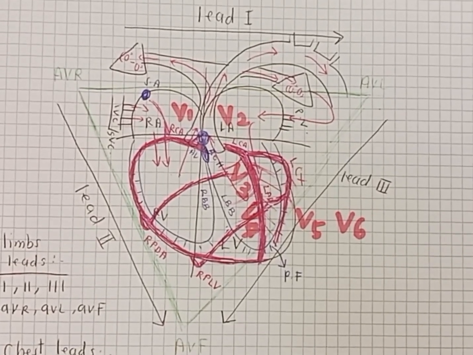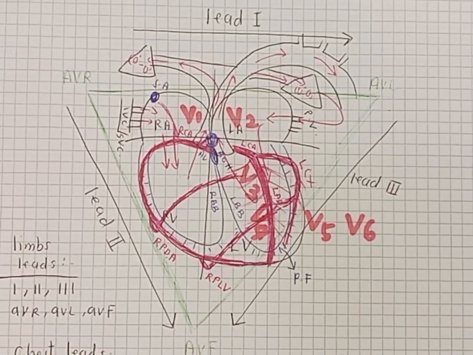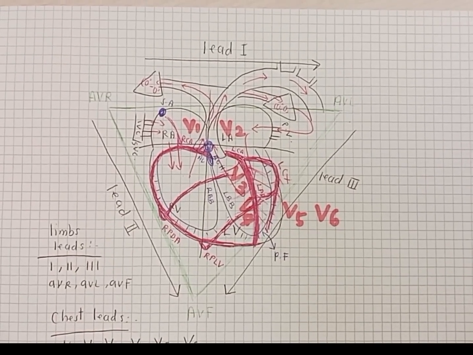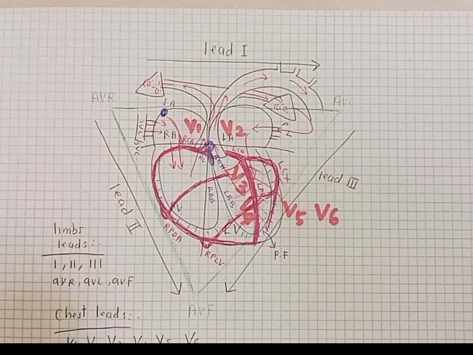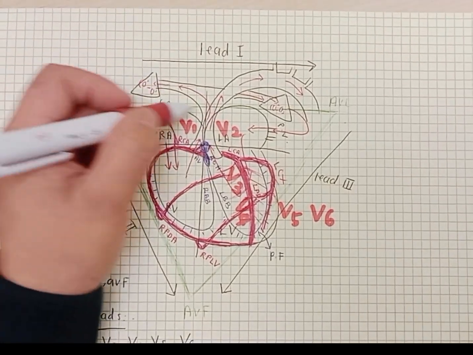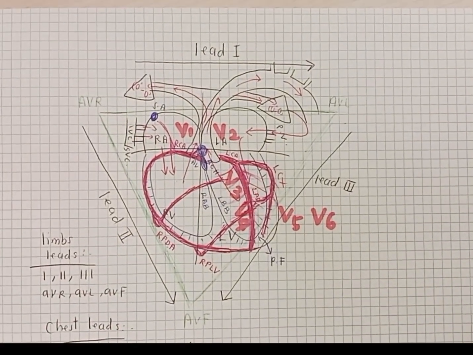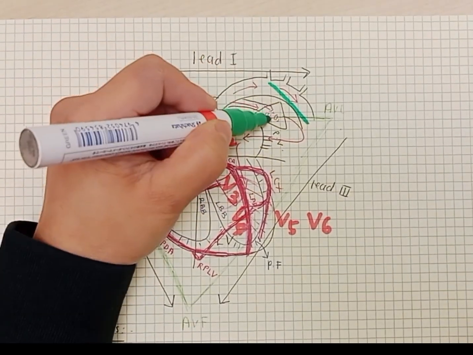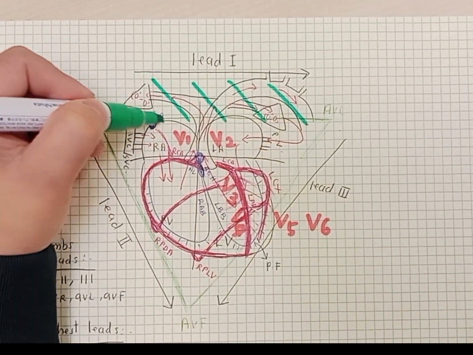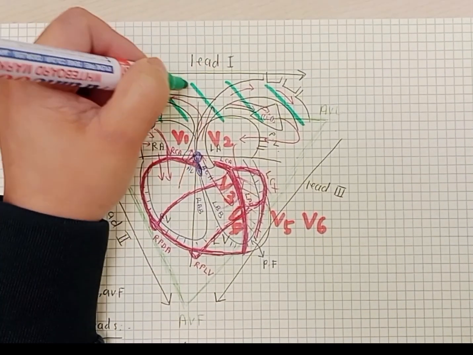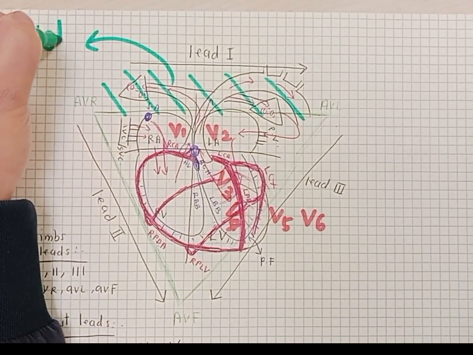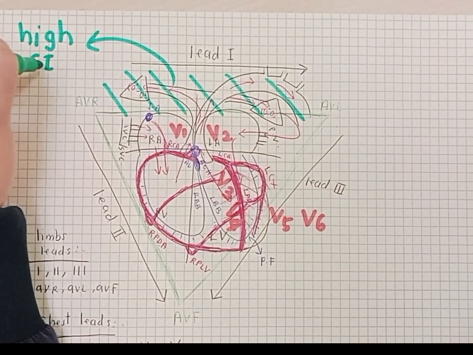So how do we know the location of a STEMI from the ECG? This is the upper side, which we call high, which is lead 1.